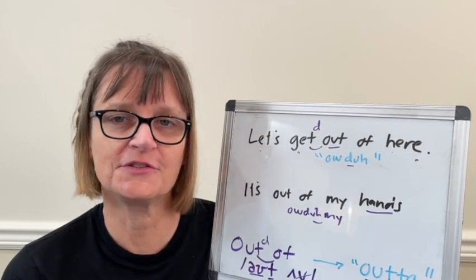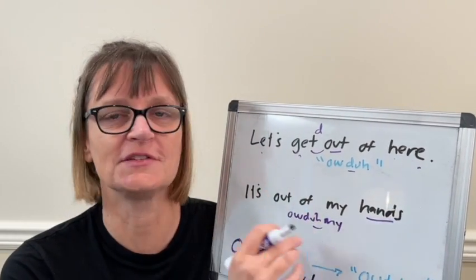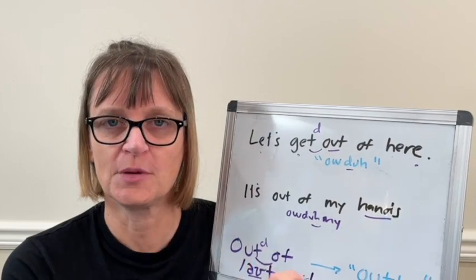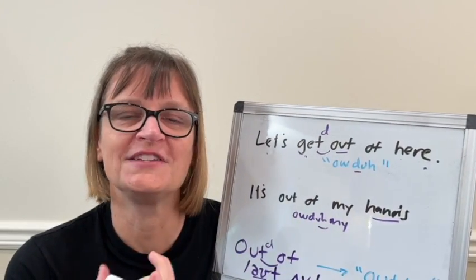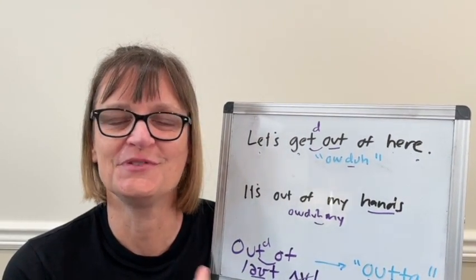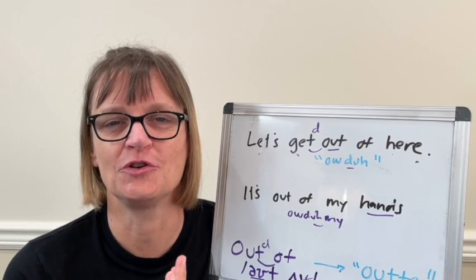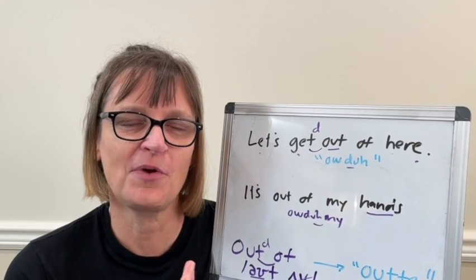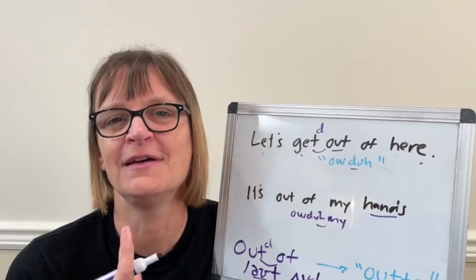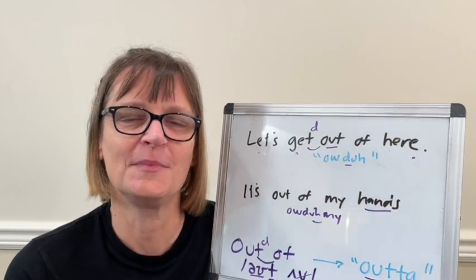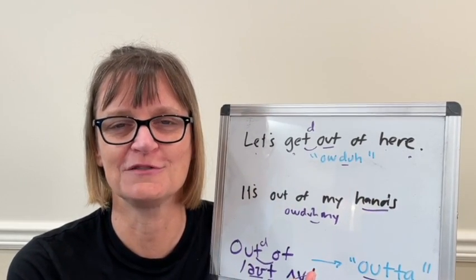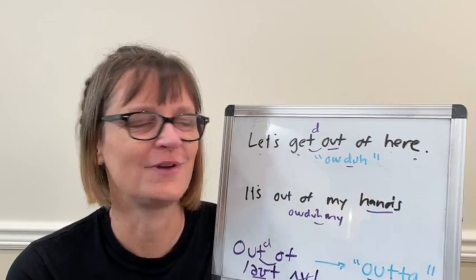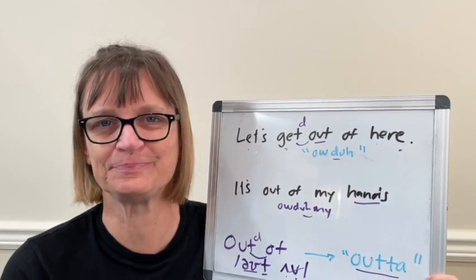You can use it at the start of the sentence, but if you put it in phrases like "get out of trouble," "get out of," or "out of my," putting it together with other common words where you would use it is a way for it to feel more natural when you're using it. If I'm just trying to practice "out of, outa" by itself, it's not really going to come into my speech easily. So build up some combinations of words where you would use it to have that natural sounding speech.